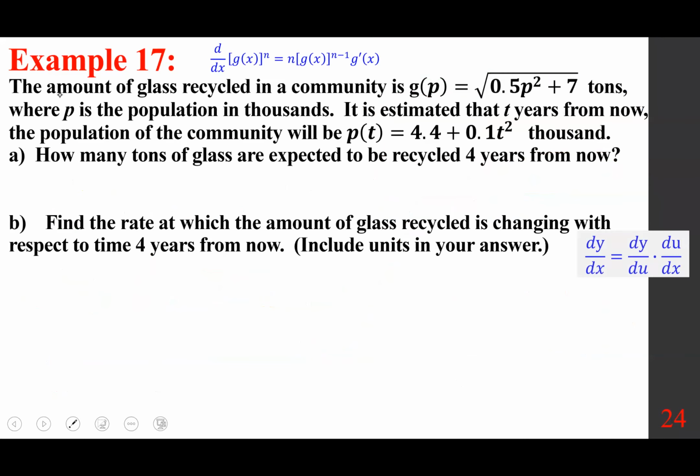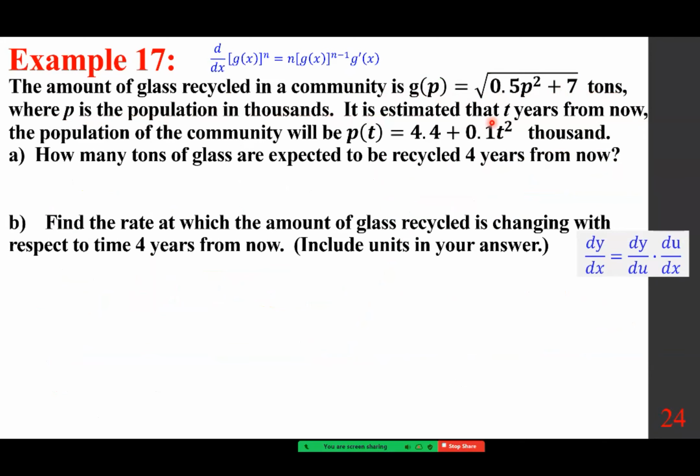Could somebody read this question, please? The amount of glass recycled in a community is G of P equals the square root of 0.5 P squared plus 7 tons, where P is the population in thousands.